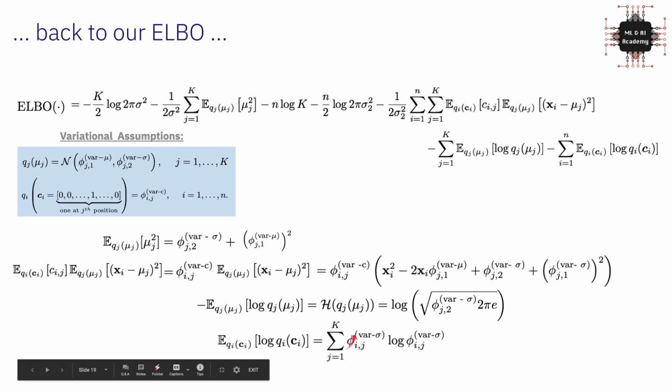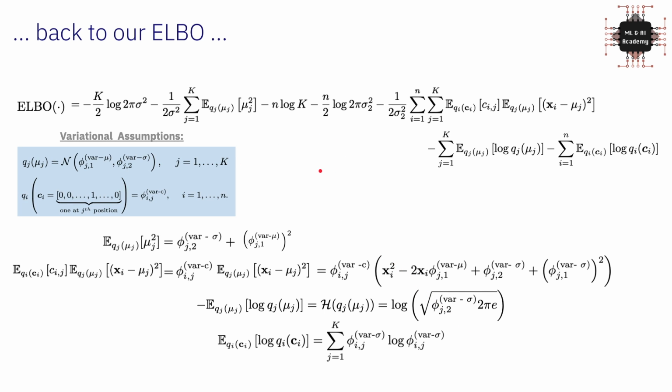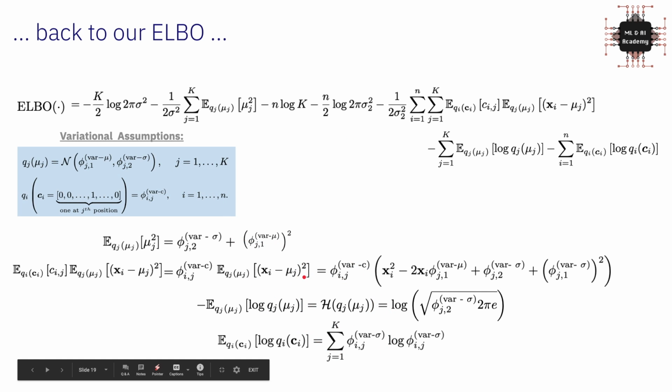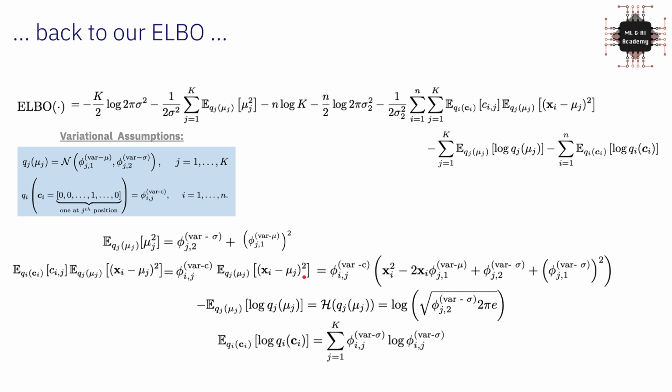That's why if you have a log, it becomes a summation of phi_ij log of phi_ij. Again, these steps are really simple. All you need to do is plug in these equations, and then you would get the following equations. If they are unclear, please let us know. We would be happy to help in deriving them together.